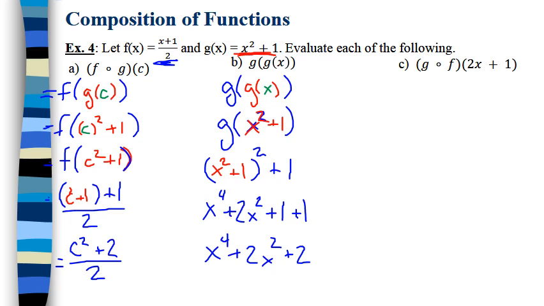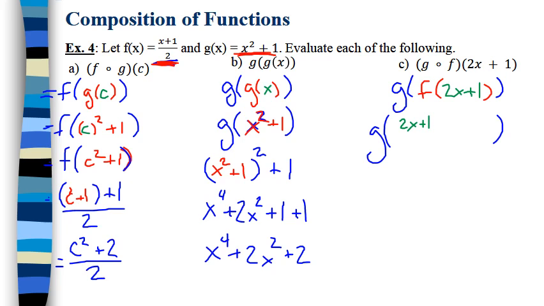Go ahead and pause the video, try part C, and we'll be right back. Okay, so here we're going to do g of f of 2x plus 1. We'll put the g on the outside so we don't forget about it. The f function says take your input, 2x plus 1, add 1, and then divide by 2.